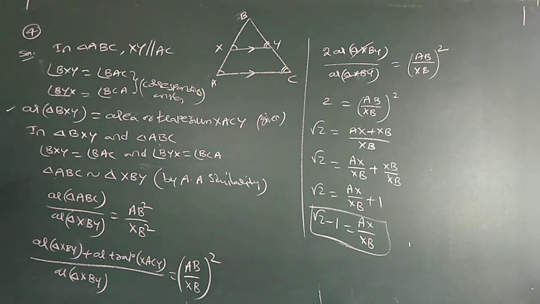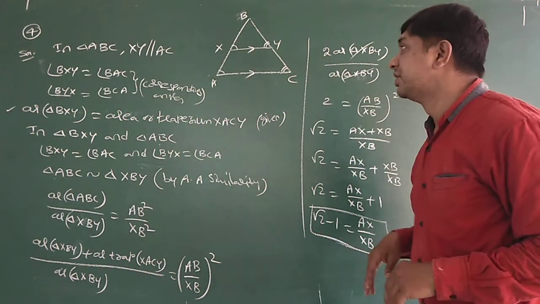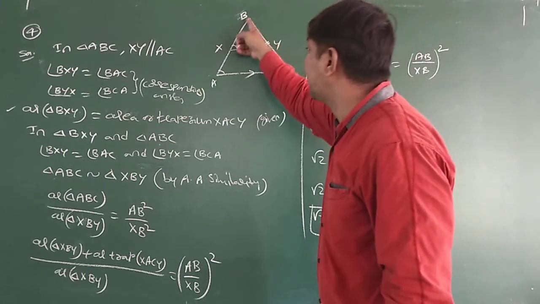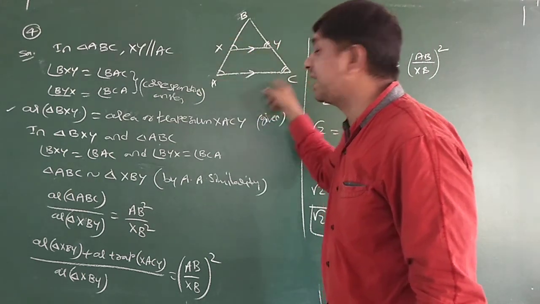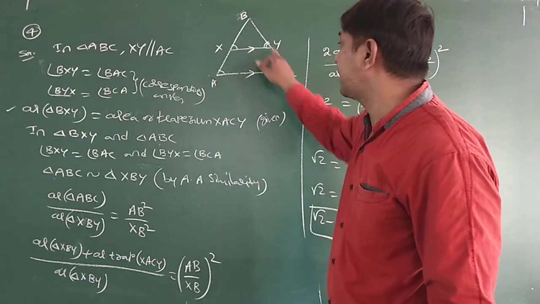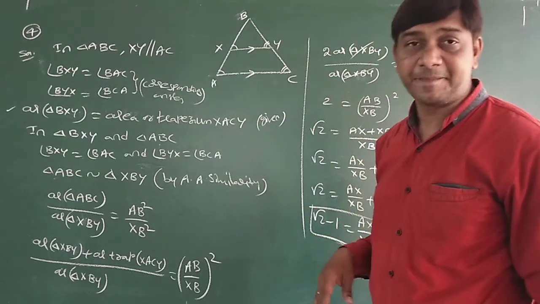See here, in triangle ABC, XY is parallel to AC. So this angle and this angle are equal, and this angle and this angle are equal. Now I am comparing triangle BXY and triangle ABC. These two angles are equal, these two angles are equal. So this triangle and this whole triangle are similar.